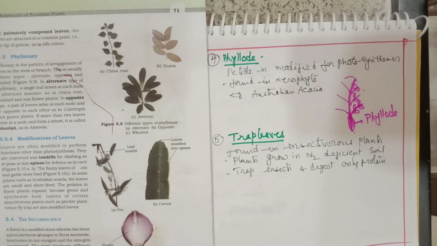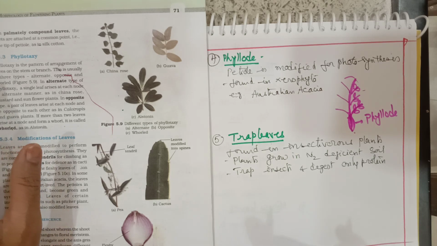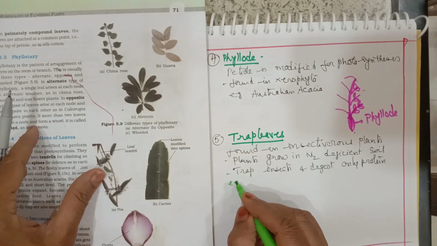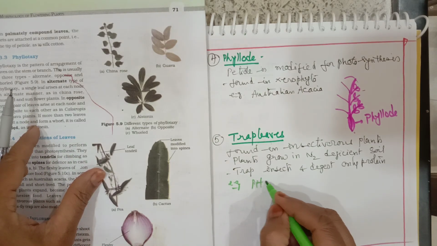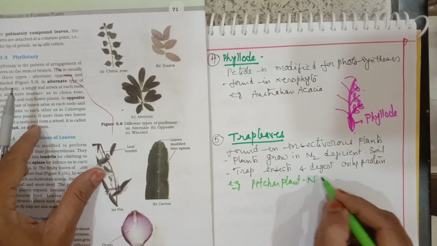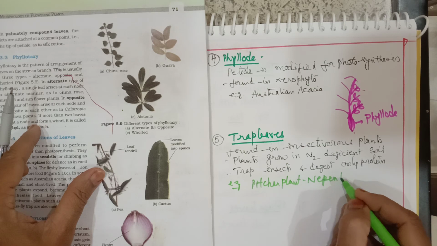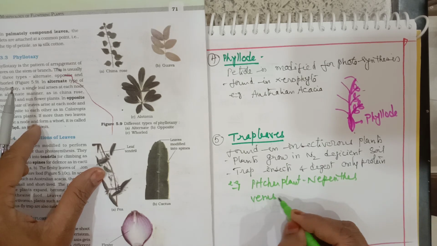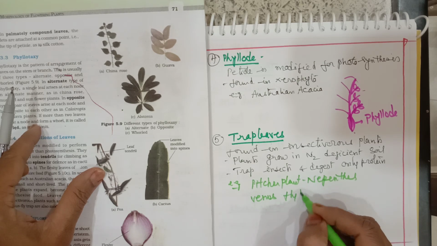Now, examples are given like pitcher plant and Venus flytrap. We will see the pitcher plant in a bit more detail. So examples are pitcher plant, which is scientifically called Nepenthes, and another example, Venus flytrap.